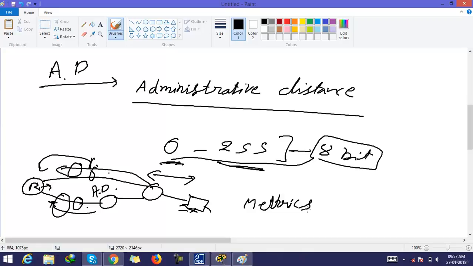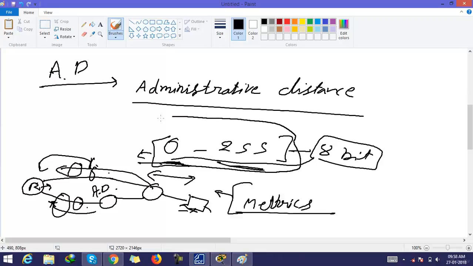The advertised route with the lowest metric will be placed in the routing table. Lowest AD is preferable and lowest metric is also preferable. It means the router checks AD first. The lowest AD is preferable. If AD is the same for two routes, then the router checks metrics. And again, the lowest metric is preferable.